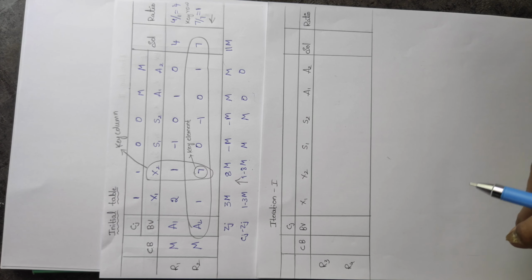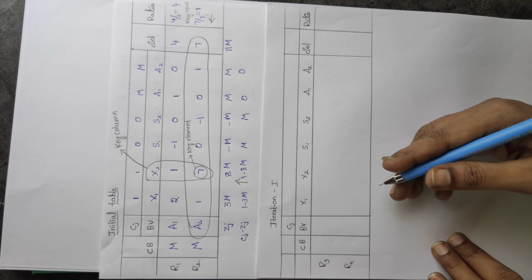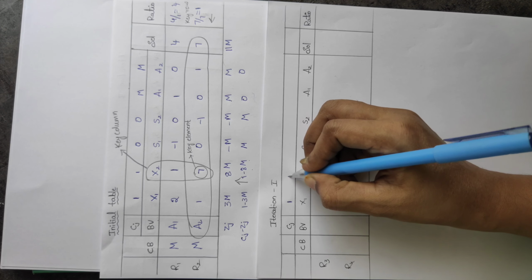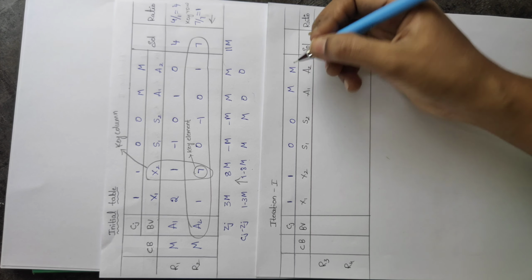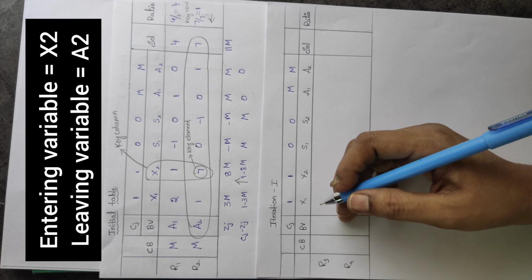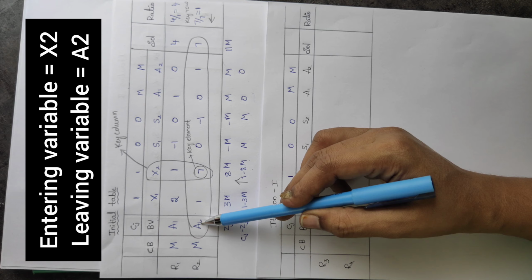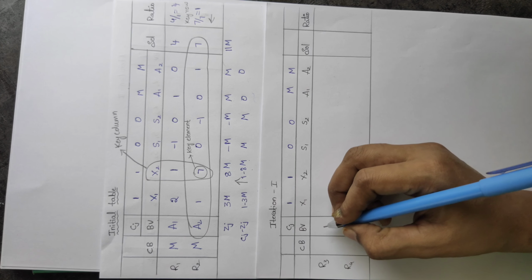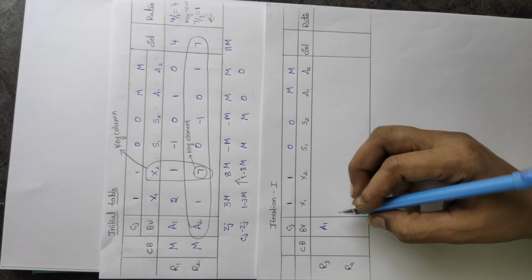This is the first iteration table. We need to frame the values for this iteration table 1. The same values as in the initial table. Here, in the basic variables, a2 is the leaving variable and x2 is the entering variable. So we keep a1, and write x2 instead of a2.